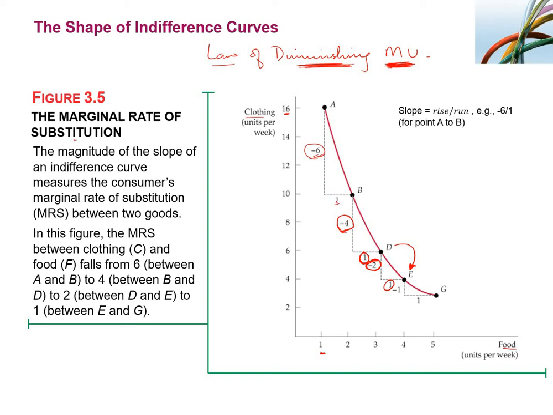So when I ate this one more unit of food, I was at point B. At point B, I have 10 units of clothing and 2 units of food. If I want to add one more unit of food, I will be giving value to it by sacrificing only 4 units of clothing.